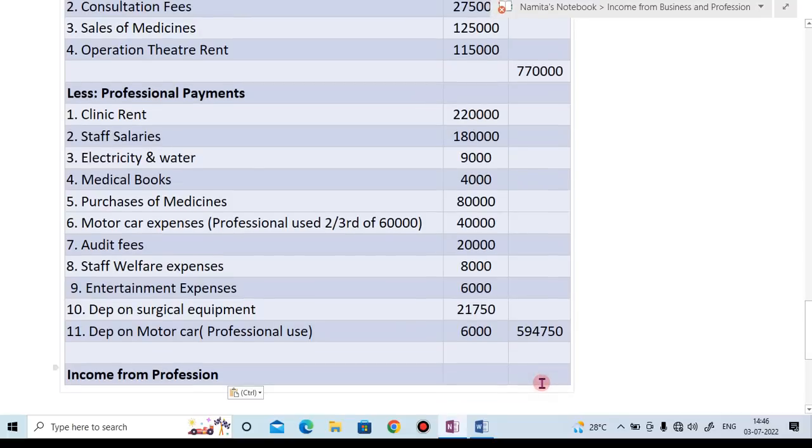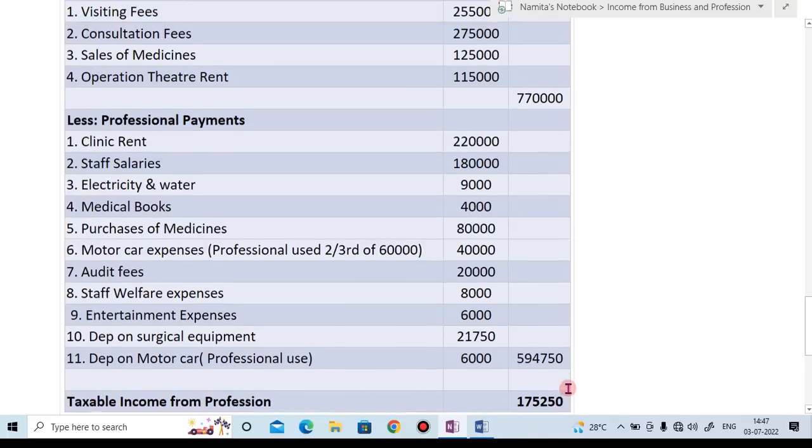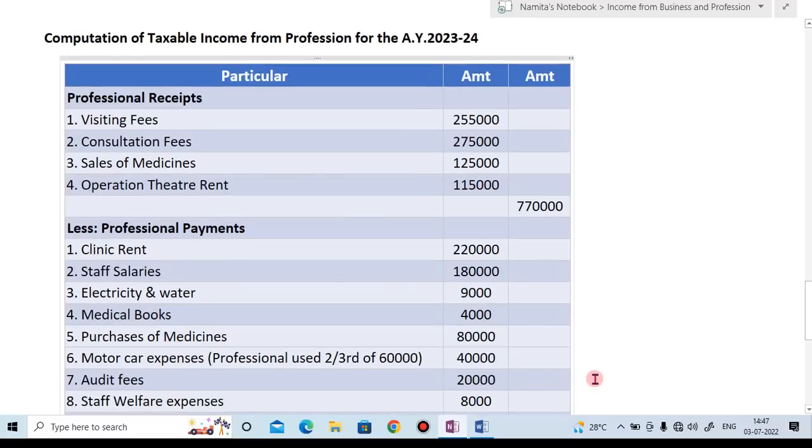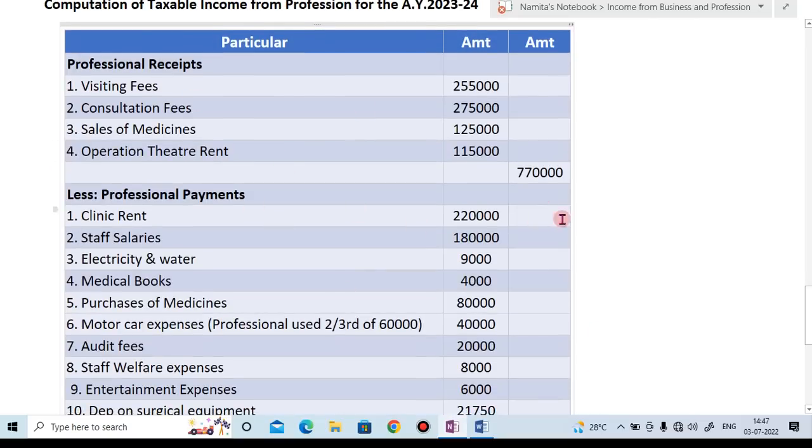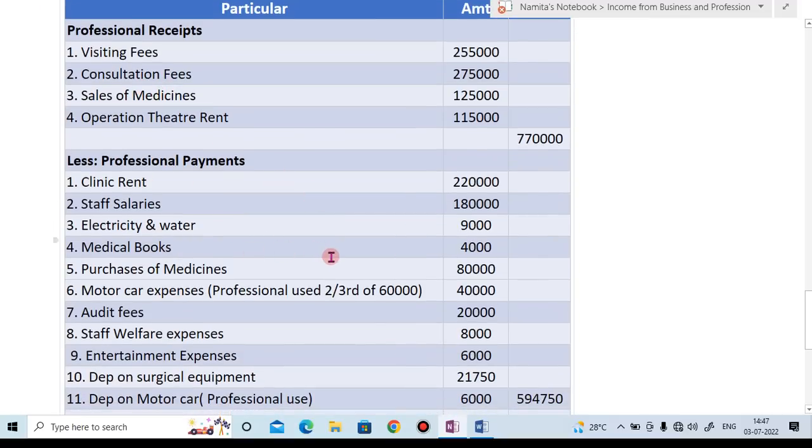The balance is 1,75,250. So this is our taxable income from profession, 1,75,250. In this way we have to compute the taxable income from profession. This profession was related to the medical field, that's why we took all the professional receipts of the medical field and professional payments of the medical field.